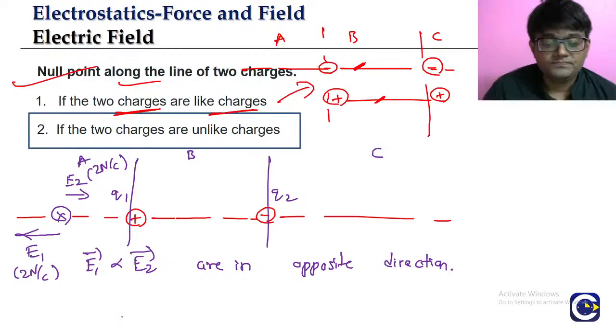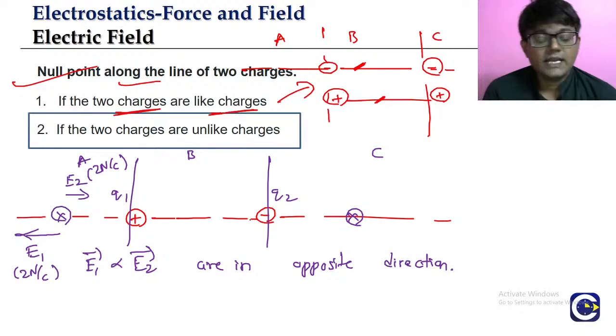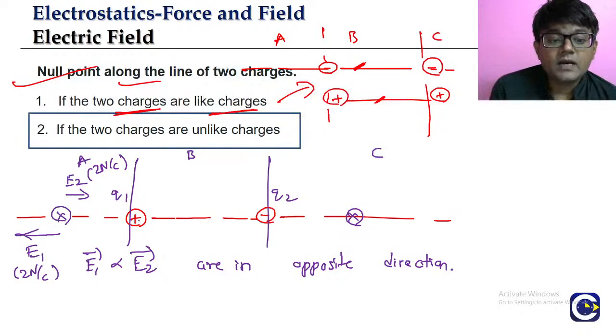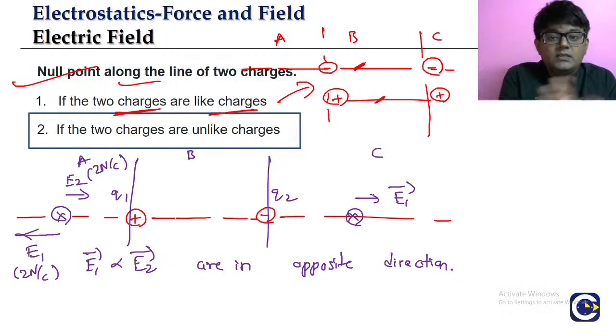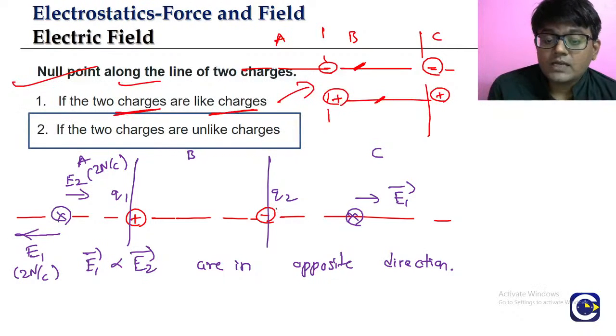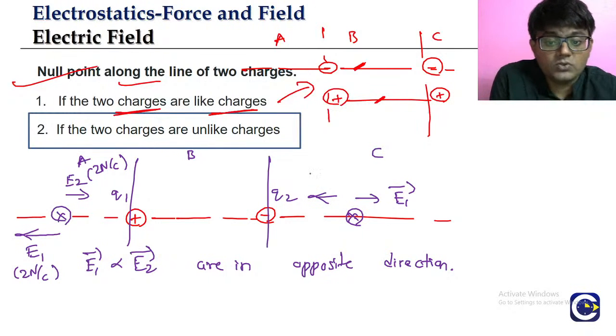Mark a point in region C on this side. What happens there? The field because of q1 will be away from q1, so it will be towards the right side. What about the field because of q2, which is negative? The field will be towards q2.